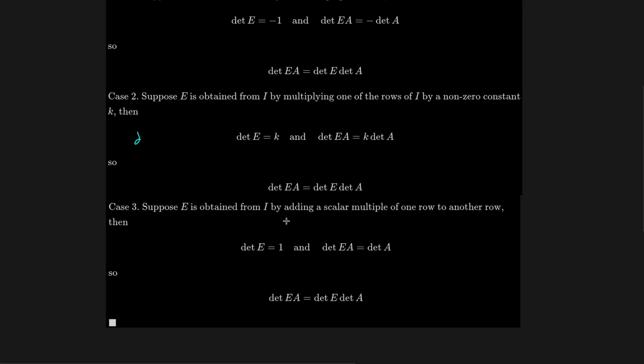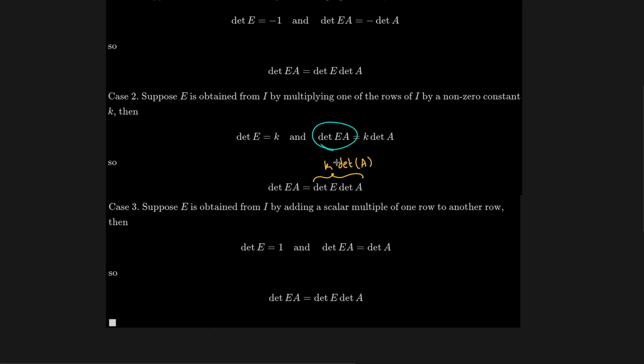All right? So with that, we know the determinant of E times the determinant of A is k times the determinant of A, right?